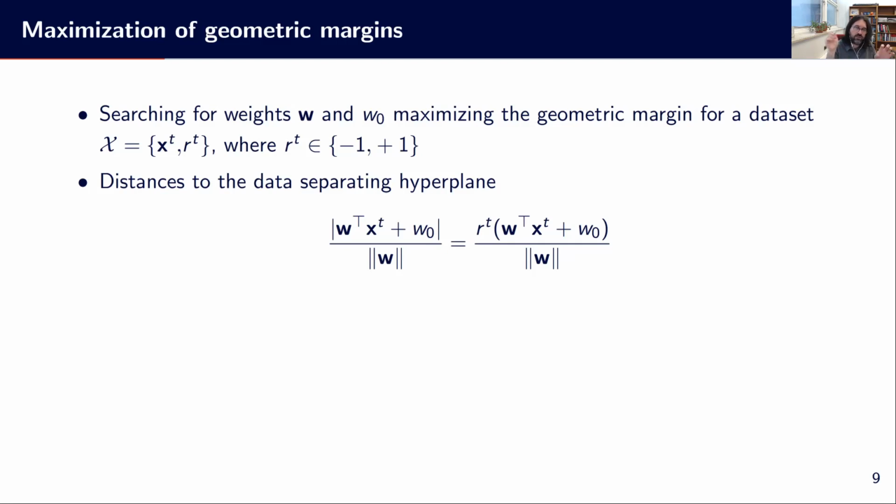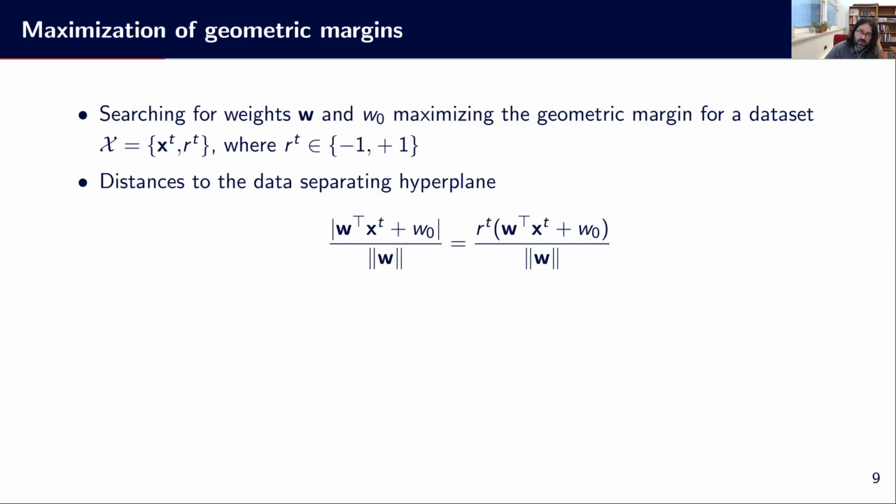We are looking at the distance from a sample to the separating hyperplane given by W0, and that distance is given, as we saw in the presentation just before on the geometry of linear discriminant, by the absolute value of H, which is W transpose xt plus W0, divided by the norm of W. This is important to get things normalized, and this gives us the distance from the point to the plane.